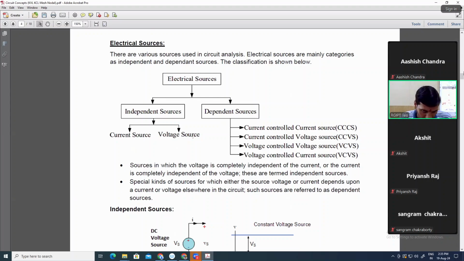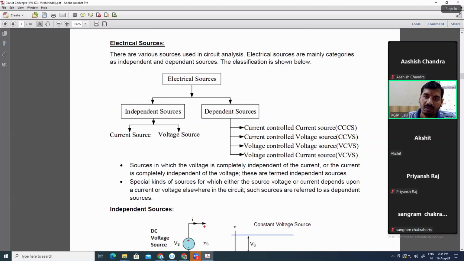Okay, so it may depend on the branch current through a branch or the voltage difference between any two terminals inside the circuit. So dependent sources can be categorized in 4 parts based on the voltage and current dependency. They can be a current controlled current source, or current dependent current source.